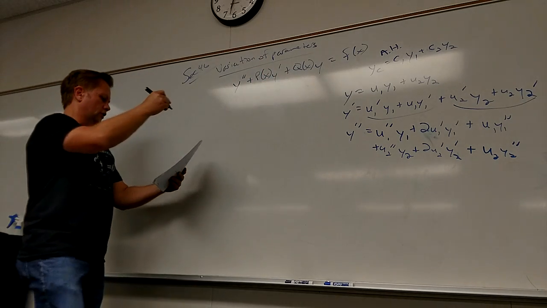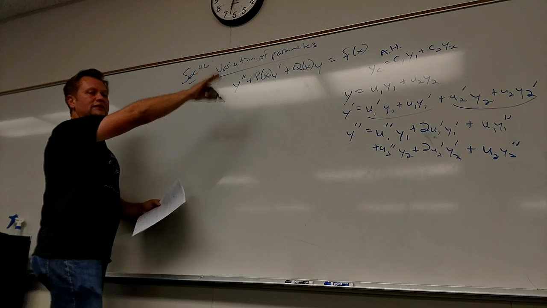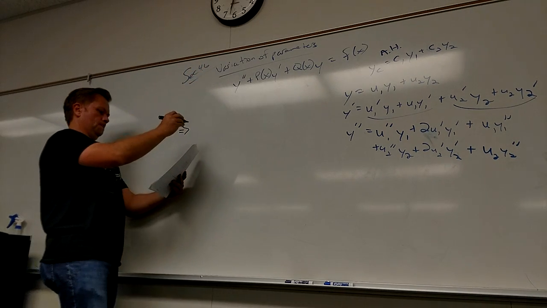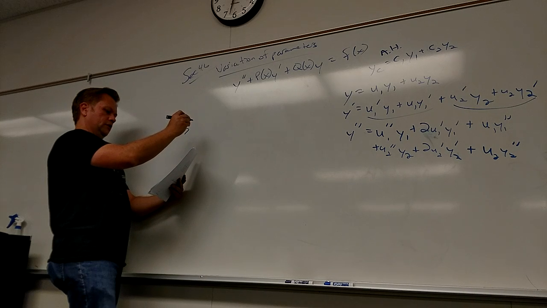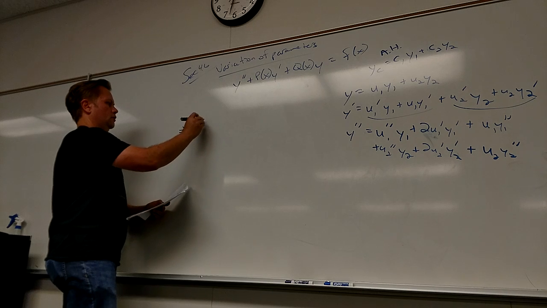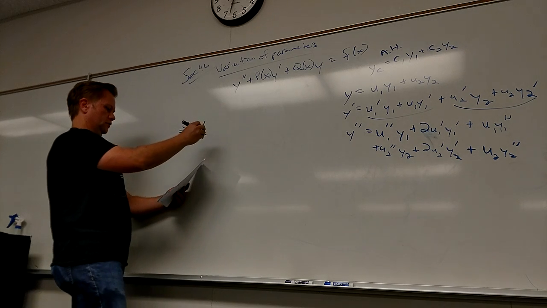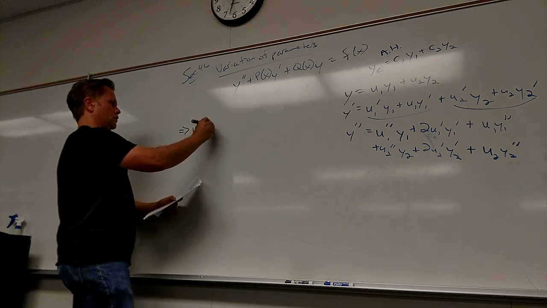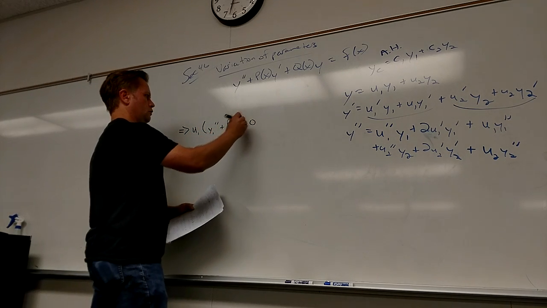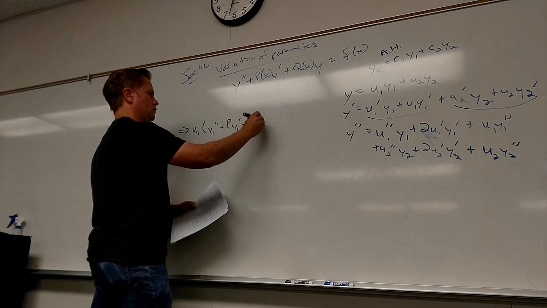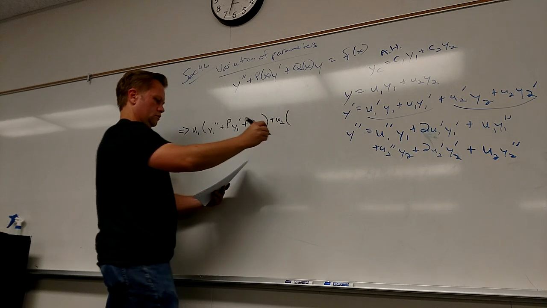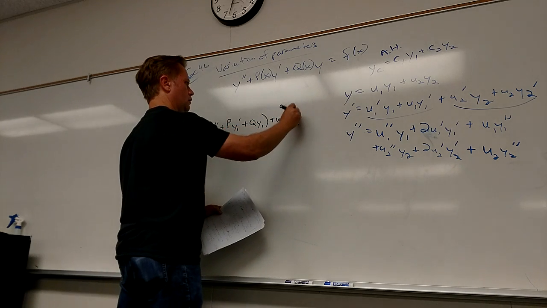So eventually, if I collect stuff together, I'll end up with... let's see, what order do I want to put this in? U1 times y1 double prime plus p y1 prime plus q y1, plus U2 times the same stuff.